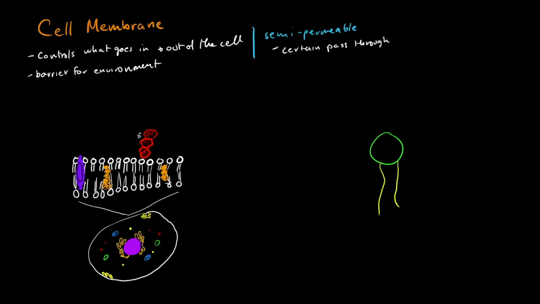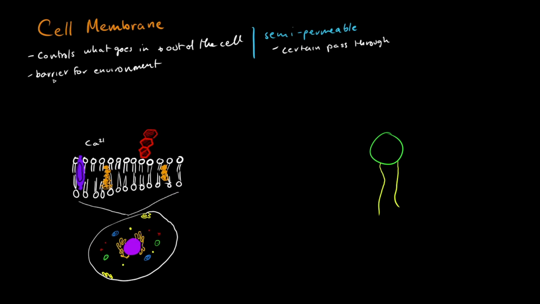What this means, if we go over to our cell membrane model, is that if we have something such as carbon dioxide, an example that we gave in the organelles video, it can easily pass through the membrane and go through the other side. Yet if we have something like a calcium ion, or really any ion for that matter, it doesn't really like to pass through the membrane, so it'll be blocked off at the outside.